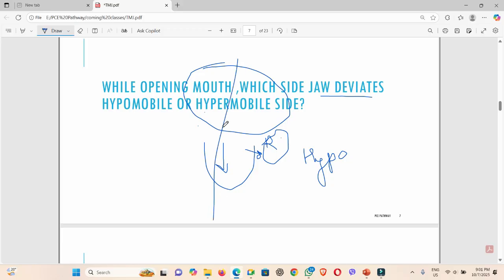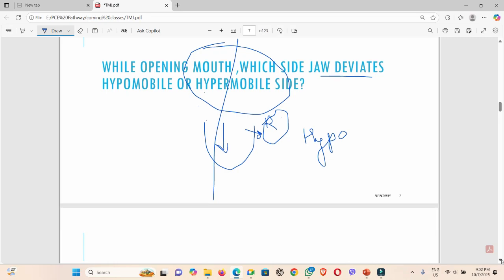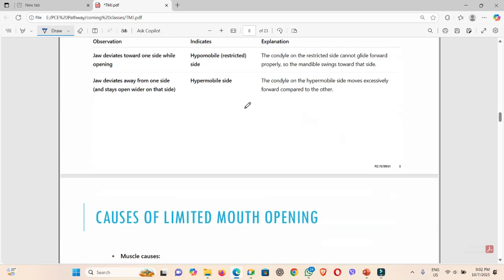The same rule applies in facial palsy, Bell's palsy, isn't it? If the right side is weak, the face will deviate towards the stronger side. So if the jaw deviates towards one side while opening the mouth, that side is hypomobile or restricted.